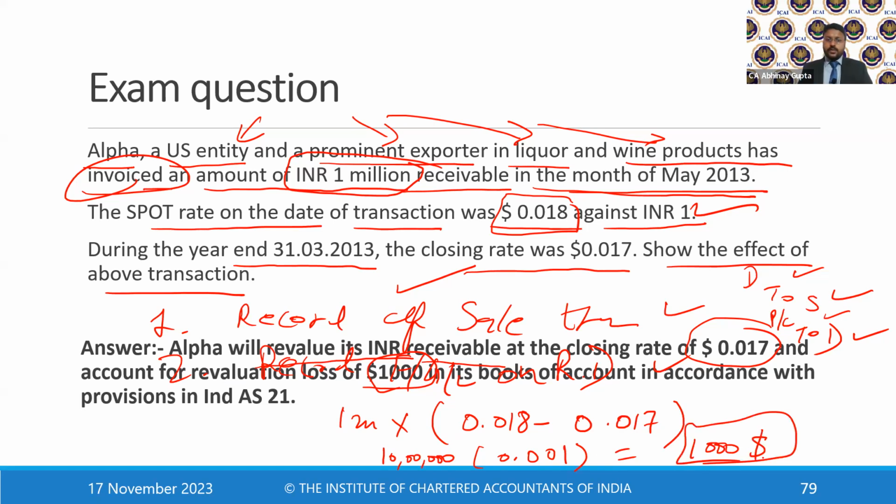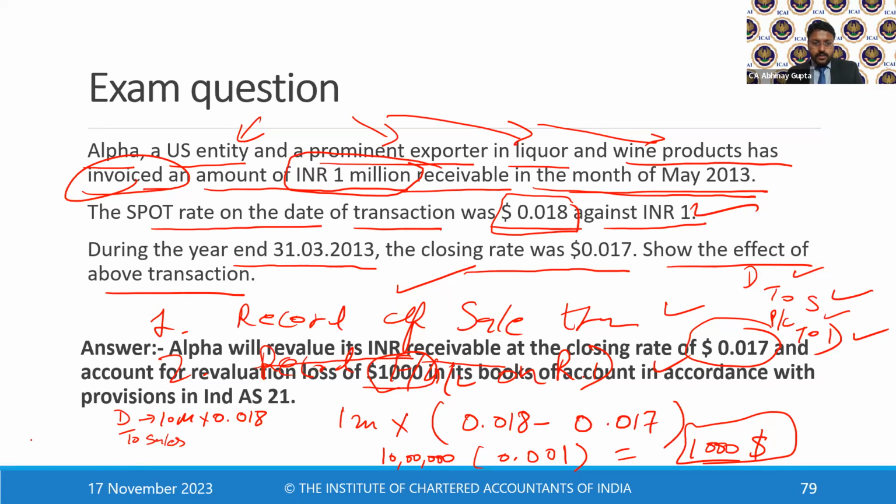That is the delta. Because initially, what entry would I have recorded? I would have recorded debtor account debit to sales. Debtor by how much? 1 million into 0.018, right? So this was the amount, debtor to sales.